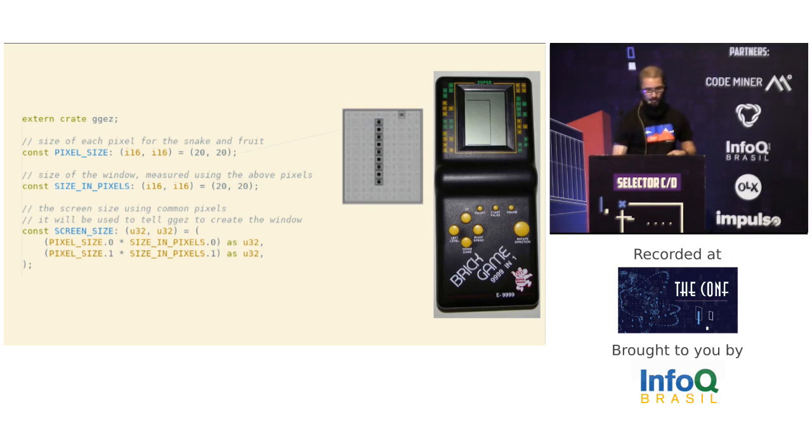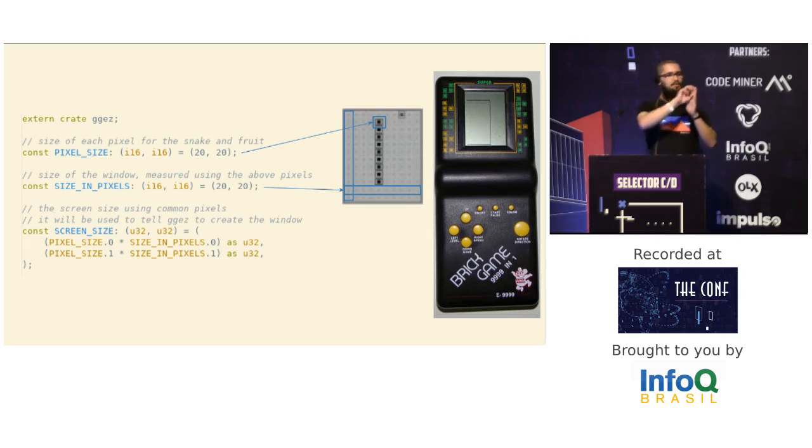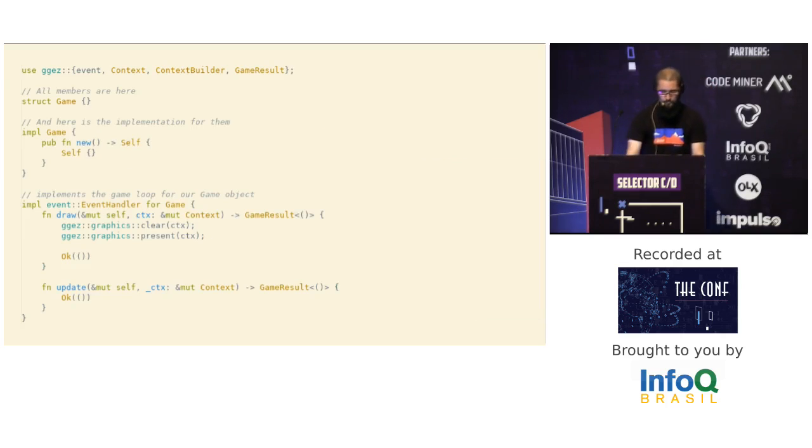Looking into these constants, we have the pixel size that is 20 by 20. We are just trying to mimic that big pixel there. And we have the sizing pixels, that is the vertical size and the horizontal size. And we have the screen size, which is just mapping 20 multiplied by 20, it will be 400, so the actual size will be 400 by 400. That's what we are doing here.